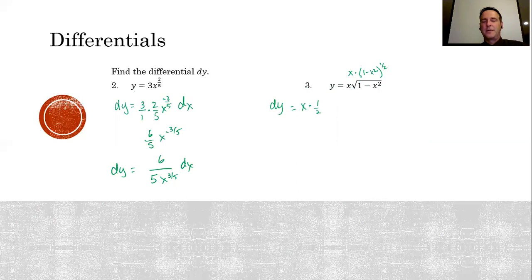Now when I take the derivative of the second half, that's 1/2, 1 minus x squared to the -1/2 times the derivative of the inside, which is -2x. Okay. And so what happens here, the 1/2 and the -2 will go away, and my x will stay on top, and this piece here will go on the bottom. 1 minus x squared, the positive 1/2.